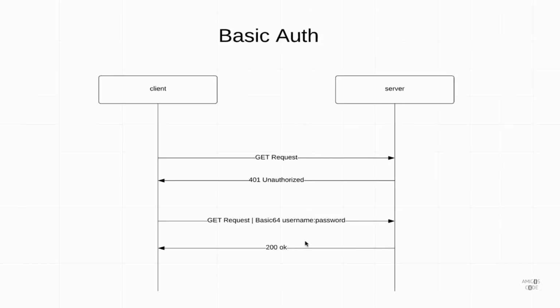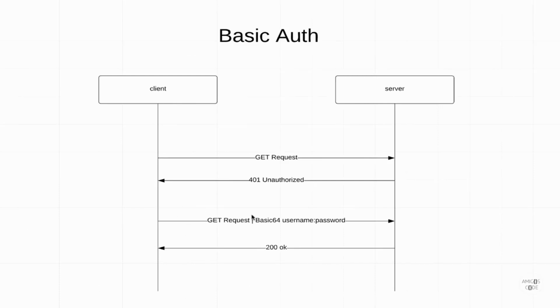Not so much, for example, if you have a form on your website where people log in providing the username and password, because right here you can see that the client has to send the password every single time.